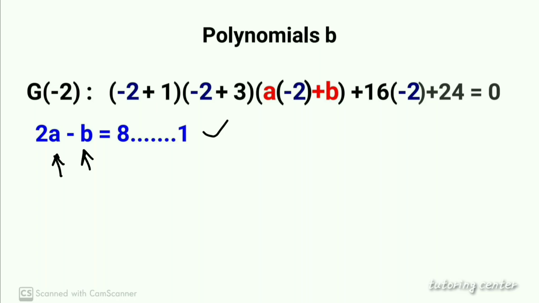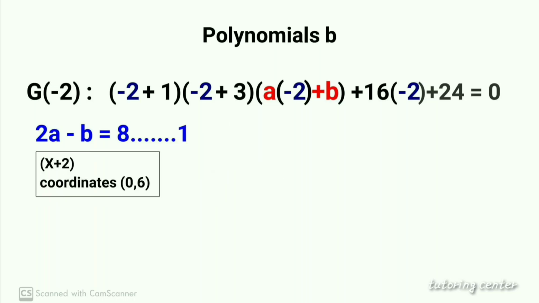But it seems like a problem here, because how do we get another equation in terms of a and b, or how do we get any value of a or b that is going to help us solve this simultaneously? Well, we look again at the information we had.